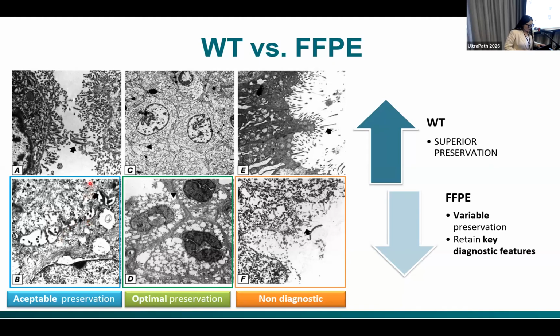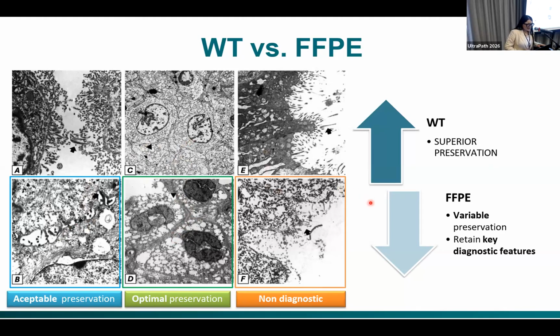So this was an example of an acceptable preservation. The second case is a chondroblastoma. For the FFPE, we can observe that the artifacts are more prominent because of the extraction of the lipids and the glycogen, but it actually shows a better contrast compared to the wet tissue.